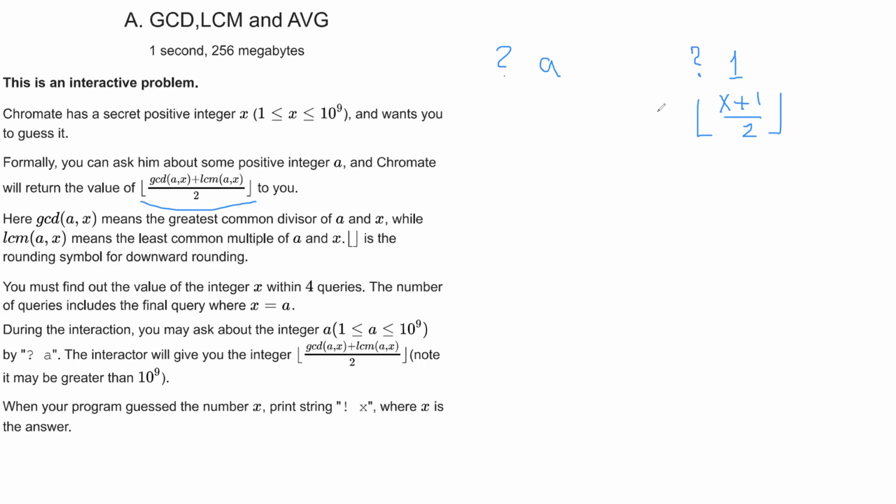So you've got this answer. So x is either 2 times q or 2 times q minus 1.